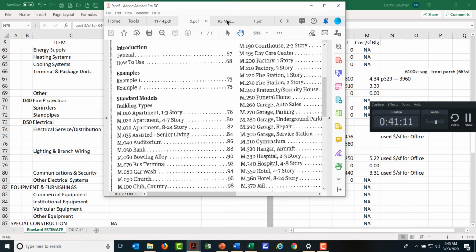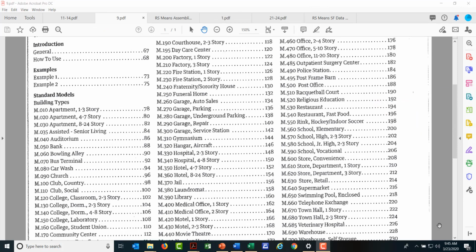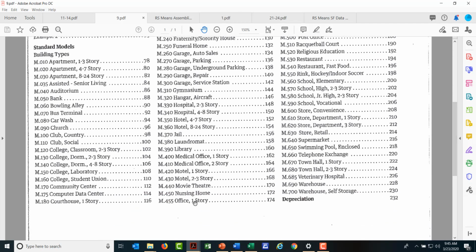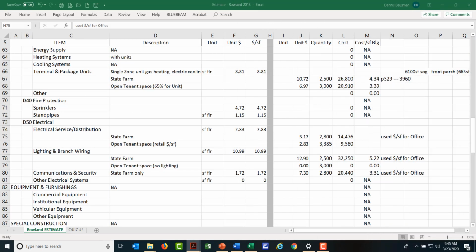It was this one, right down here. And if you go to that template, you'll find that the cost per square foot for electrical distribution is $5.17, okay? And then what I did is I used the retail, assuming the open tenant space was probably closer to this template, I used that 283 for the open tenant space.